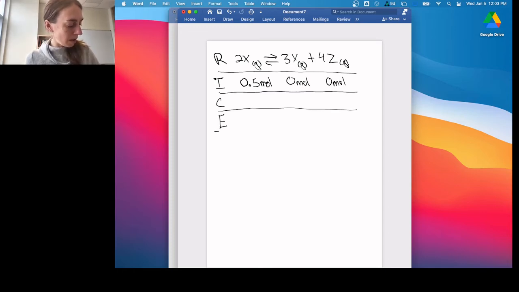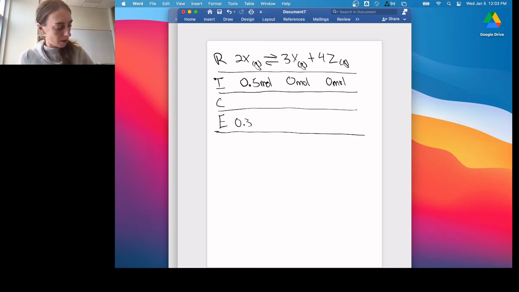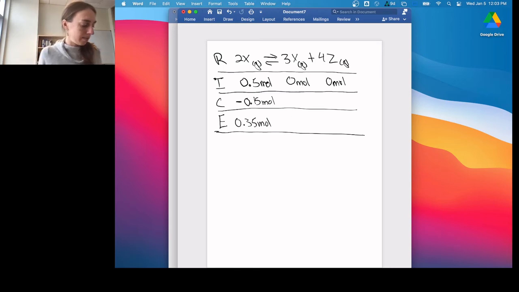But we do know at equilibrium that we have 0.35 moles of X. And because we know that the change is just the initial minus the final, we have effectively lost 0.15 moles of X.